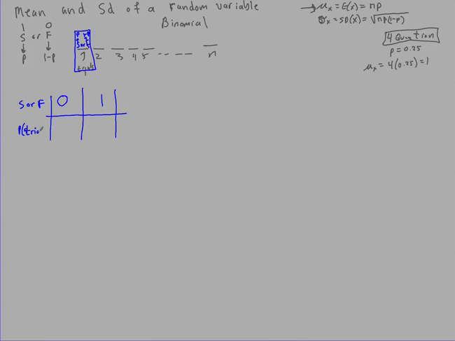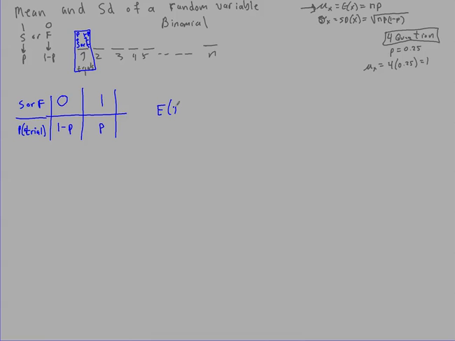What's the probability of a failure? It will always be 1 minus p. What's the probability of success? That's p. So let's find the expected value of these successes and failures.